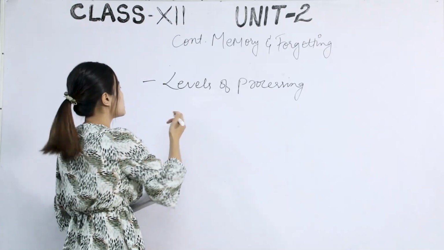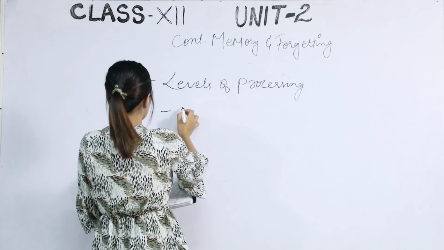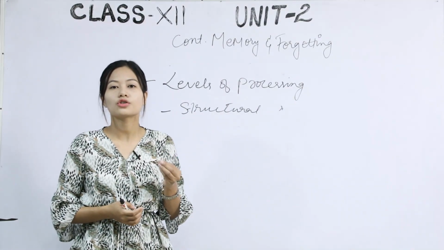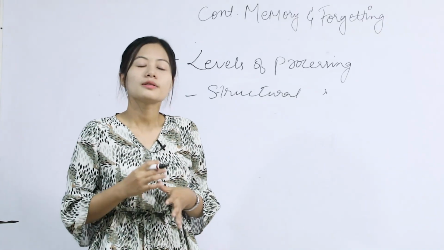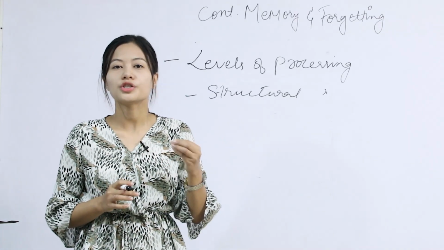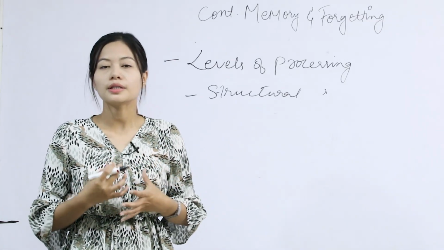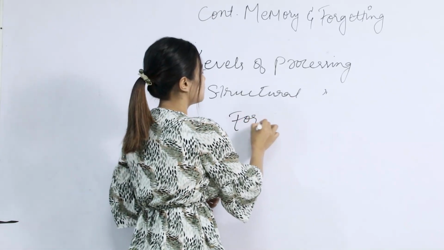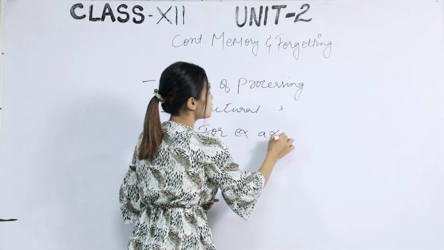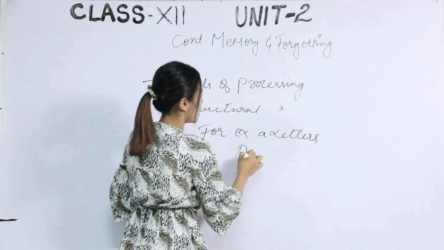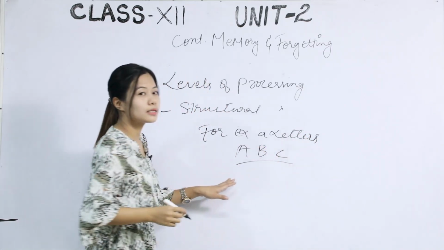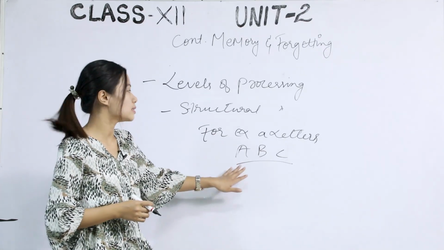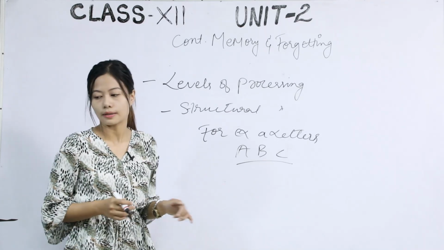The first level of processing is structural processing. Structural processing sees the structure or the shape. This first level is simply perception, which gives us immediate awareness of the environment. For example, letters A, B, C. Processing how a word looks is known as structural processing.